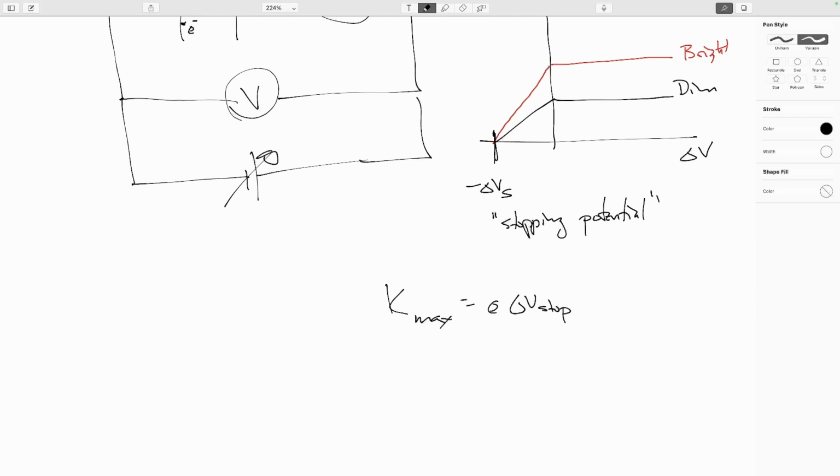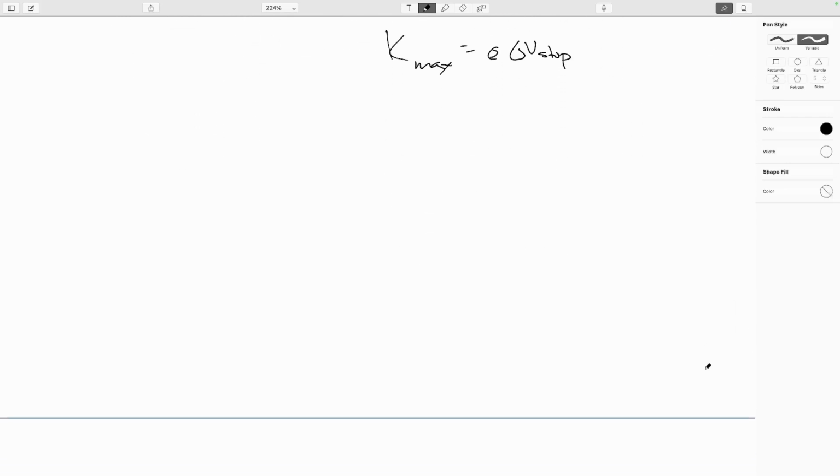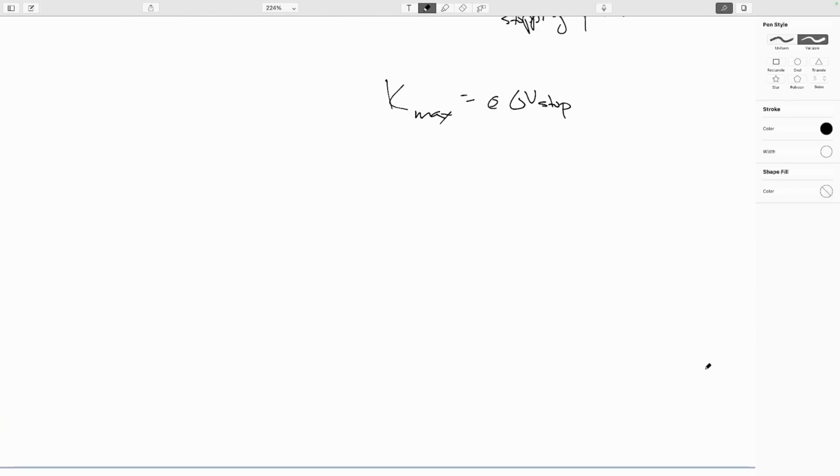So the resolution to this is actually due to Albert Einstein, and this is the thing for which he won the Nobel Prize. Einstein's solution is basically doing Planck backwards.